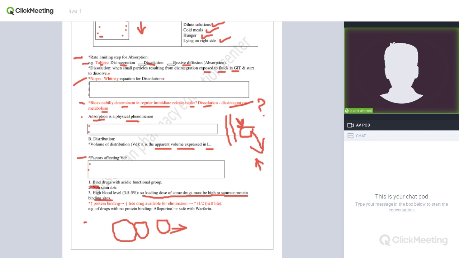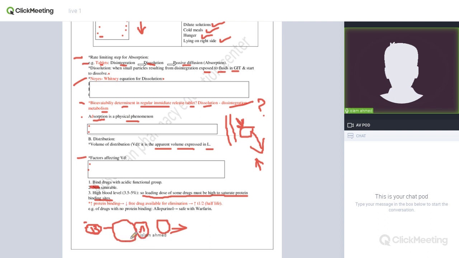However, we should avoid protein displacement. If displacement happens due to another medication, because as you know, the binding affinity for albumin differs from one medication to another. So if there is another medication, drug B, which has a higher affinity for albumin binding, it will get rid of drug A and bind in its place.